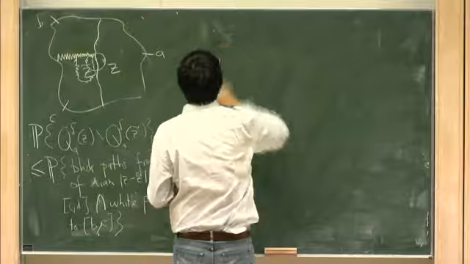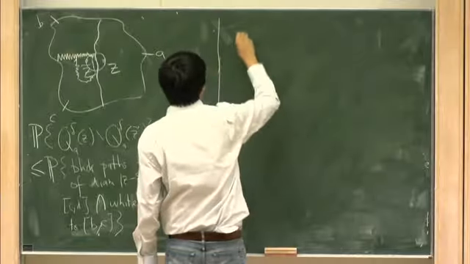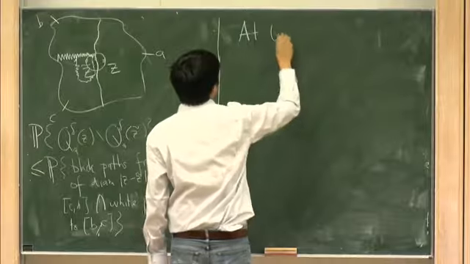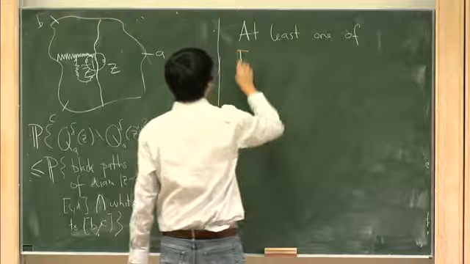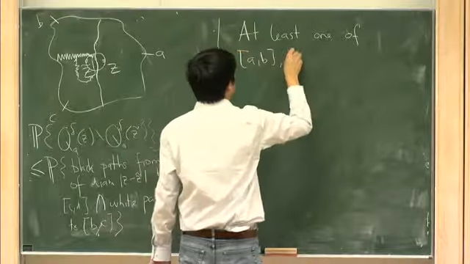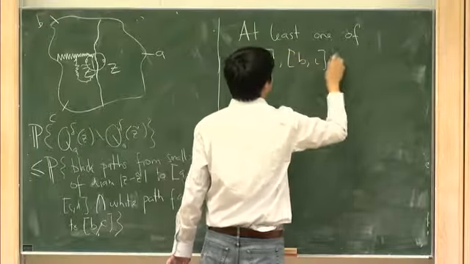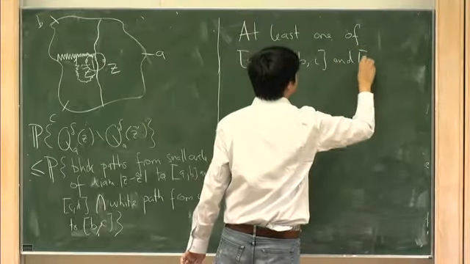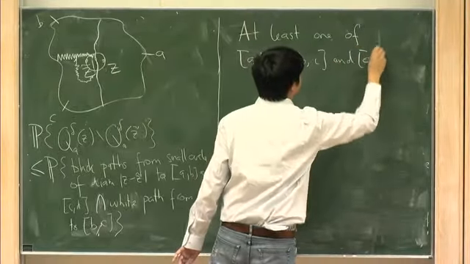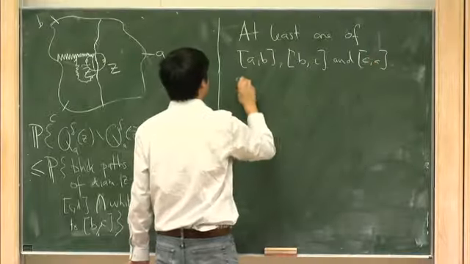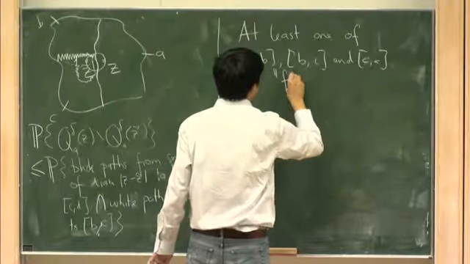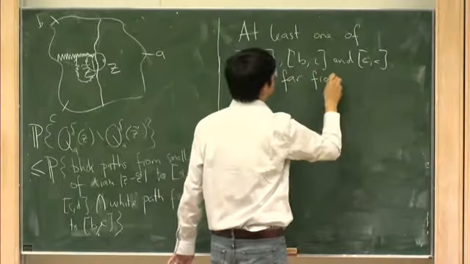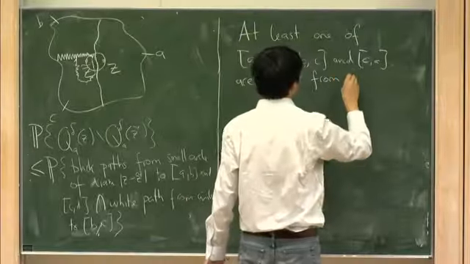So I'm going to write it informally: at least one of AB, BC, and CA are far from the circle.